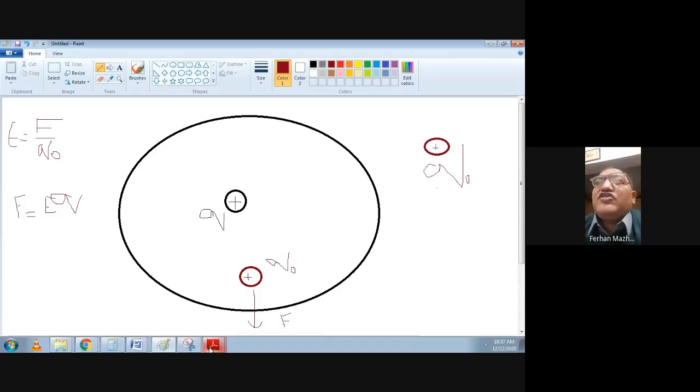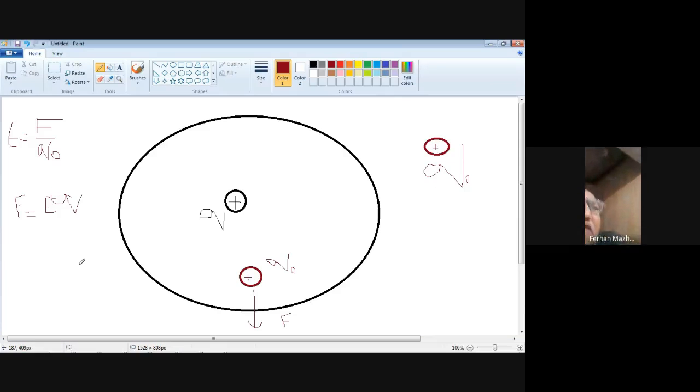Now what do you say? Do you understand this? Can anybody tell me what is the electric field intensity and what is the direction of the electric field at any point inside the electric field? Anyone?